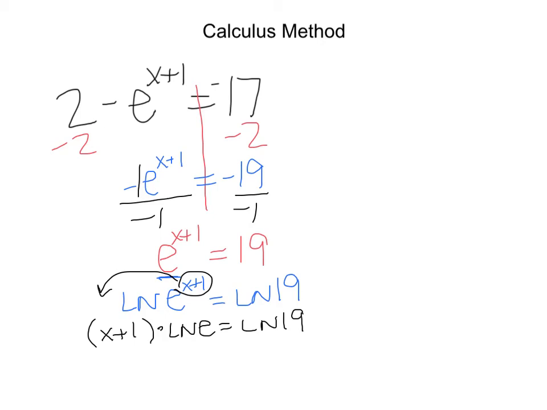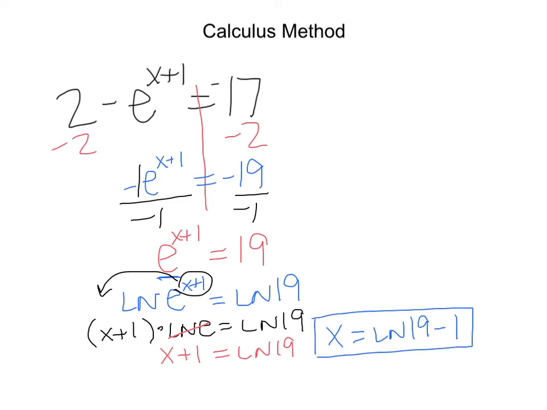Now I know that the natural log of e is 1. So really, I just have x plus 1 equals the natural log of 19. I can subtract 1 from both sides and end up with x equals the natural log of 19 minus 1, which, if you were to go back a little bit in this video, you'd see is the exact same thing we got when we solved this problem by converting to log form.